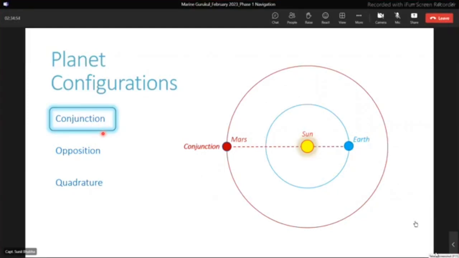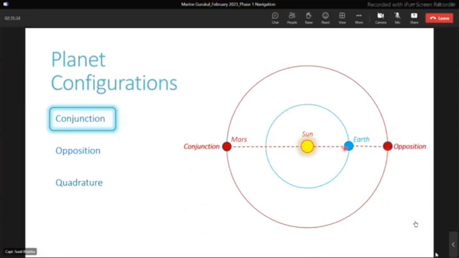Now let's say after some time we keep on observing this particular planet, and it moves to a different placement in its orbit. Right now the planet has moved to this particular location in its orbit. Now for an observer on the Earth, with the planet Mars at this location, you can see that the sun and the planet Mars are in opposite directions.